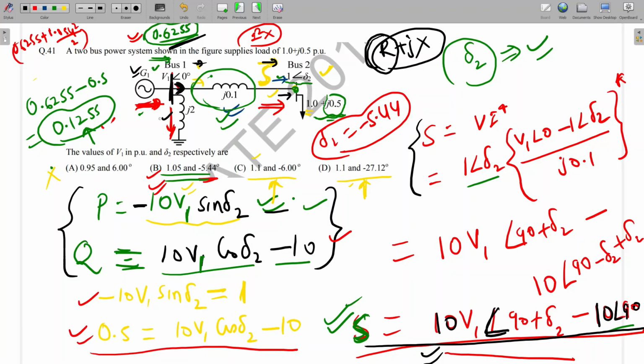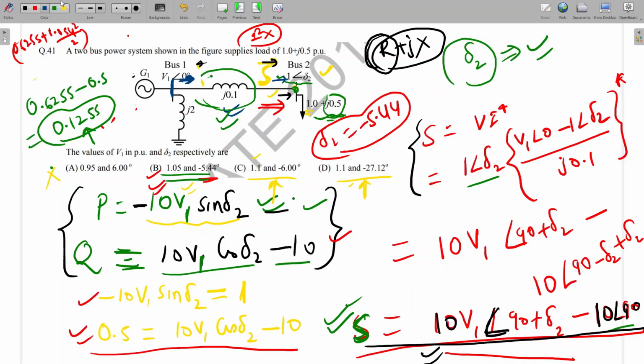And here, 0.625 means the reactive power supplied by G1, not the source. For bus 1, I am writing the equation in the output direction. I have written the current here and the voltage V1 angle 0.